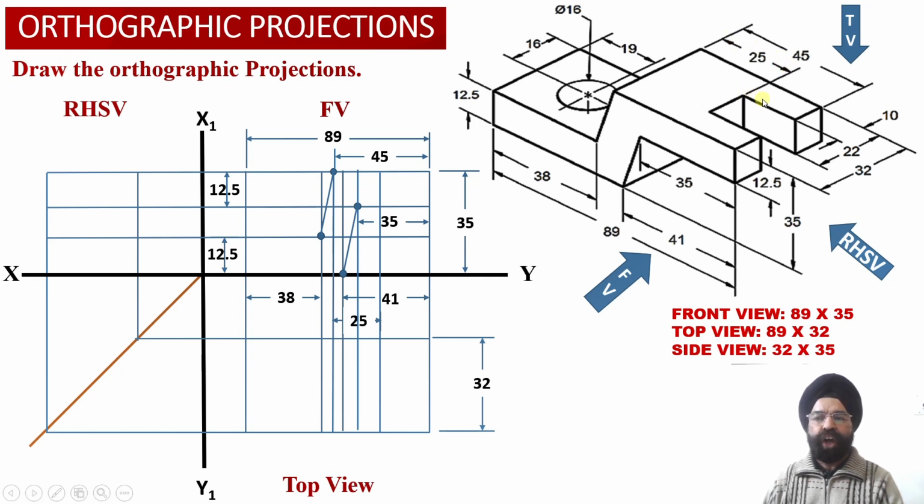So from this point we are going to move towards the right hand side surface by a distance of 25 millimeter. So now we know that the width of the slot will be equal to 20 millimeter, because the total length of the horizontal web happens to be 45 millimeter.